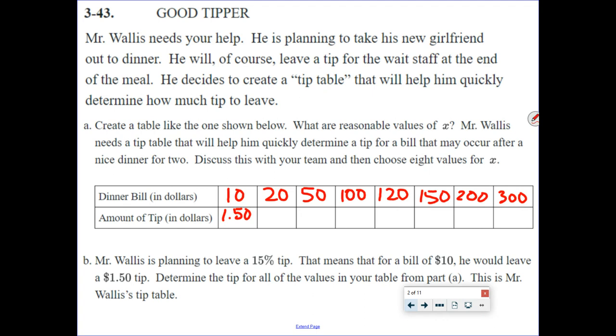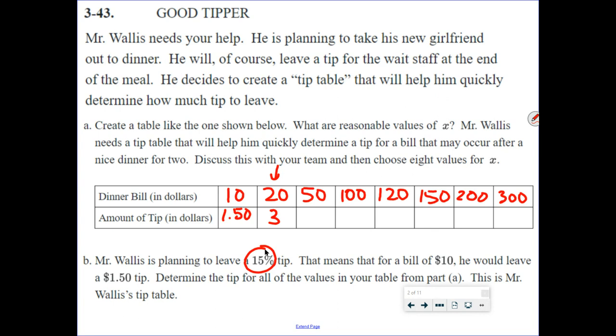Now we're finding 15%. So 15% of these values. I'm going to walk you through a couple of them and then you're going to finish filling out the table. 10% of 20 is 2, and 5% is half of that, so 1. So a 15% tip for $20 would be $3. Okay? Now, what about 50?